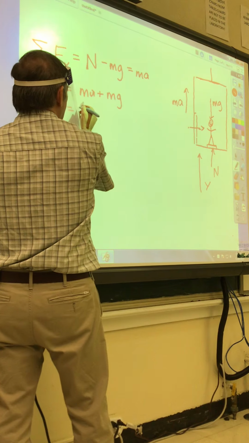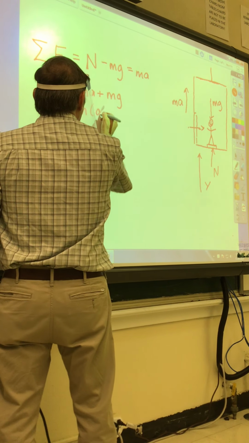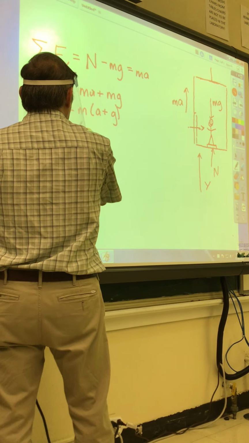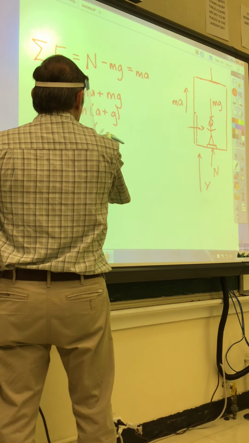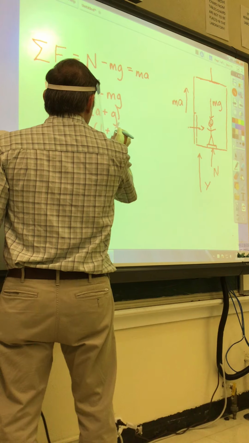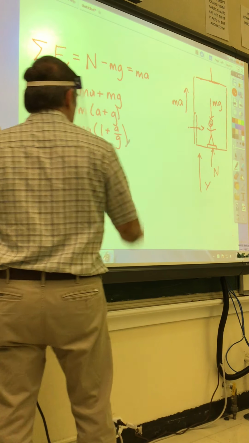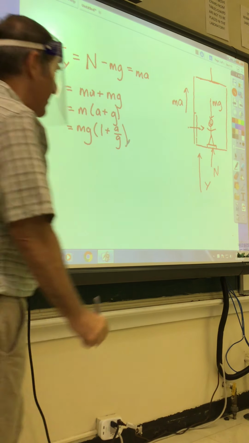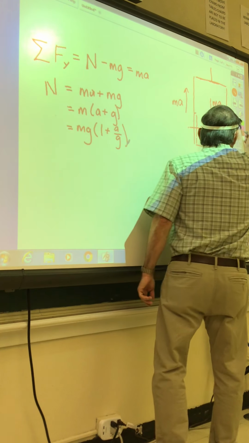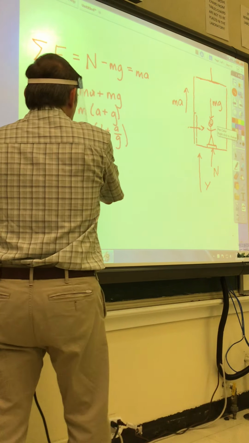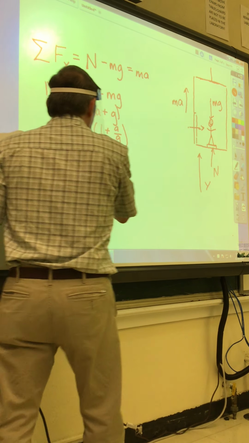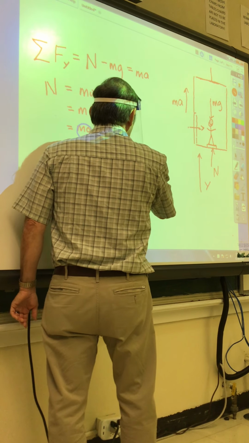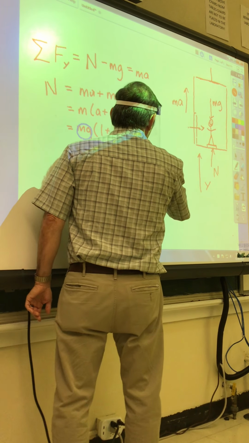I can factor out the m: m times (a plus g). Now I can factor out the g too, so it's mg times (1 plus a over g). The reason I do that is that mg is your normal weight.